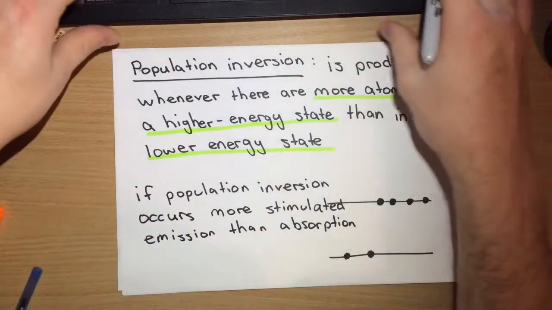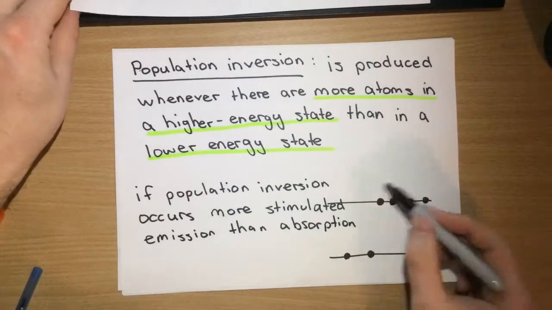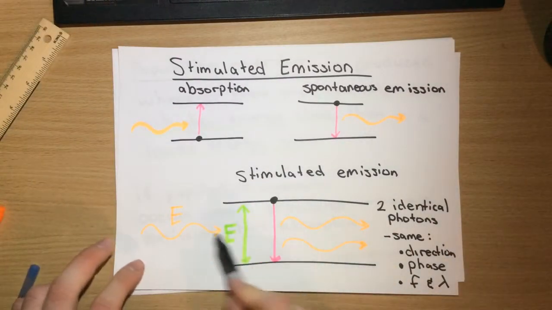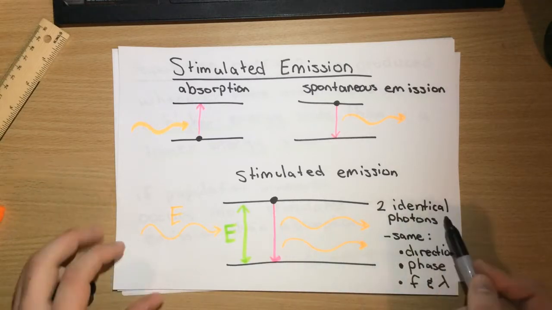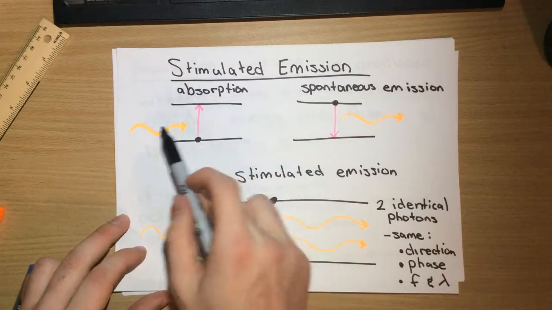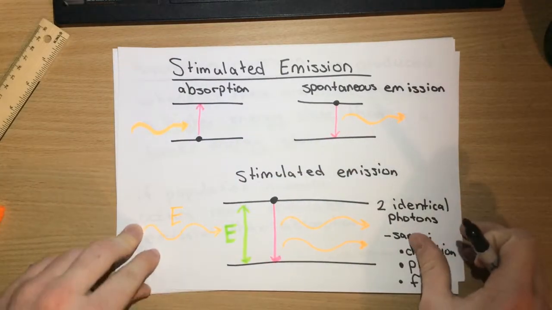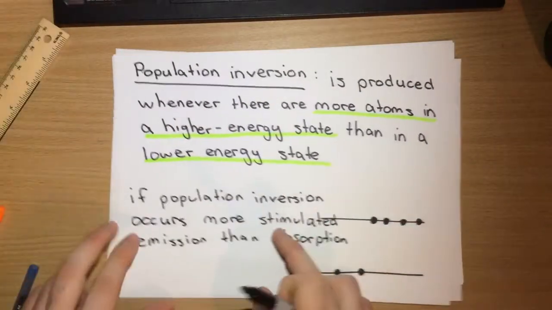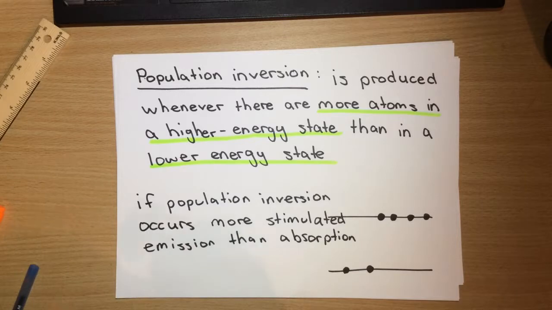Just throwing back to our previous slide: if we have a population inversion, most of our atoms in an excited state, we're going to see more of this stimulated emission, producing two identical photons, than the absorption, where we just absorb one and then one is emitted. So we need population inversion for more stimulated emission than absorption.